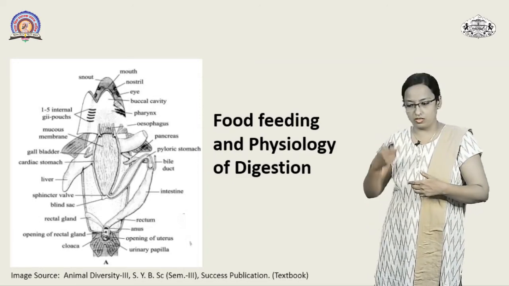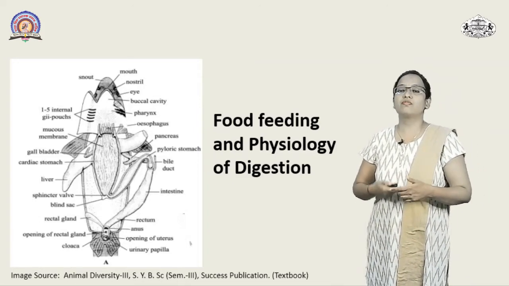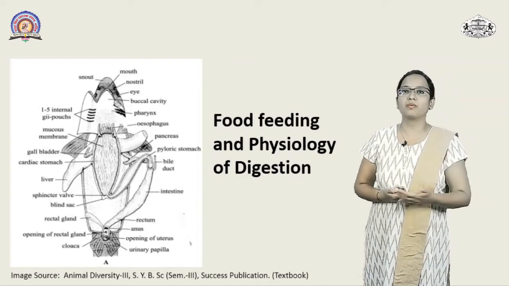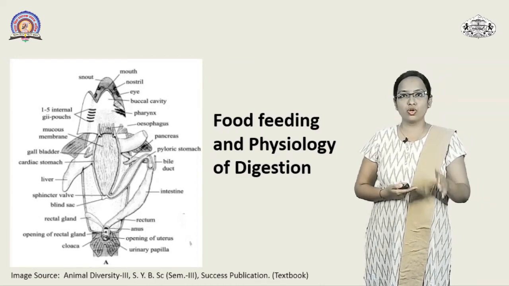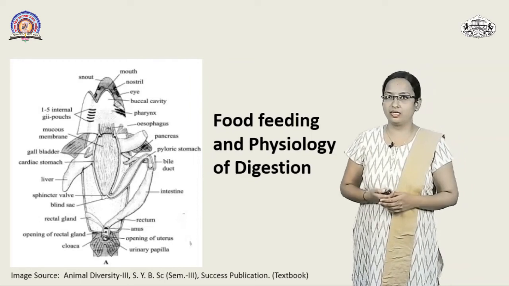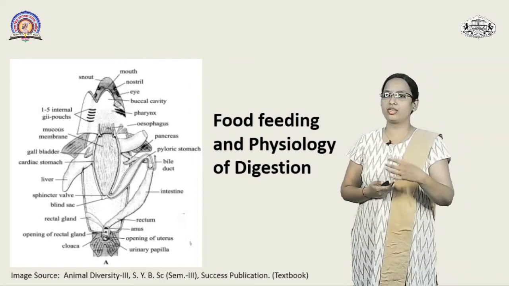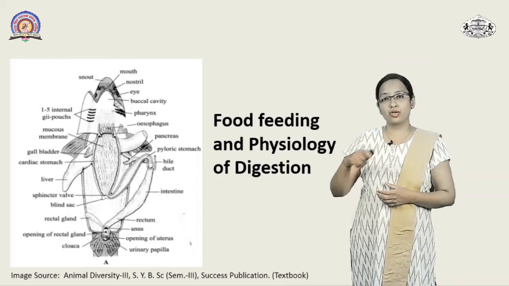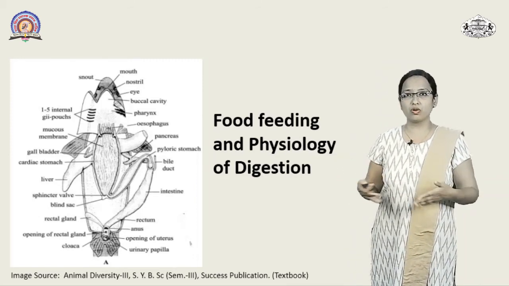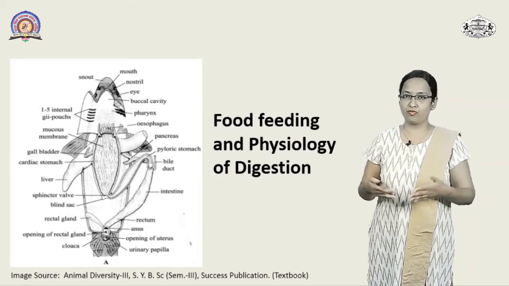Then it will secrete amylopsin, which is essential for digestion of starches. Then certain lipases will be secreted. So the further digestion will occur inside the intestine. The entire digestion is completed inside the intestine. Because of the scroll wall, there will be absorption of the digested food material.